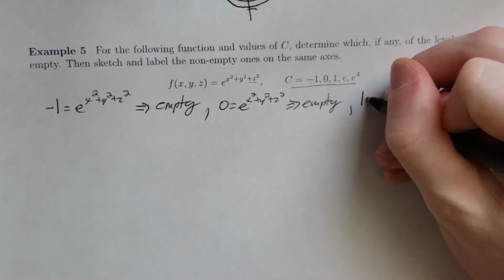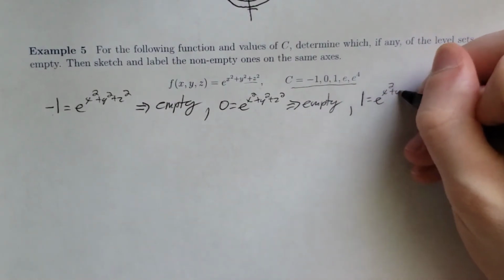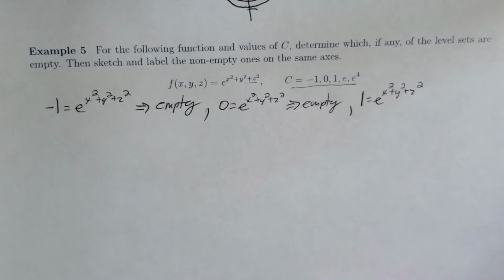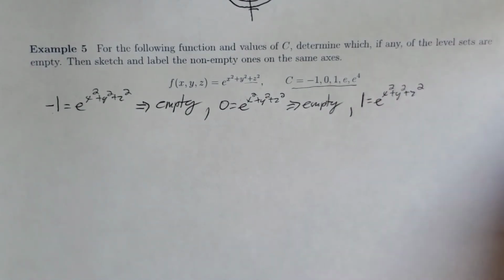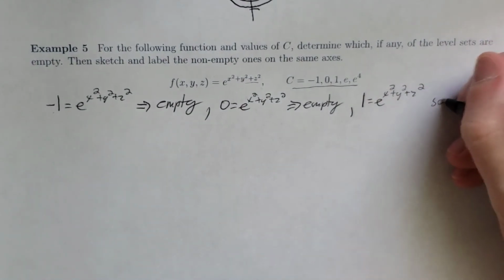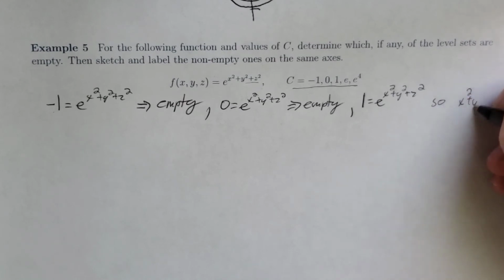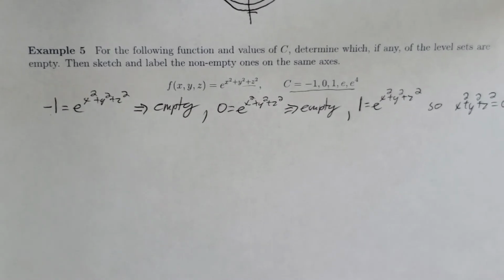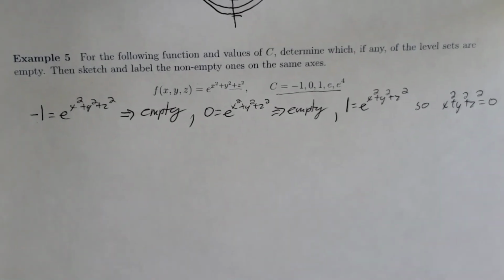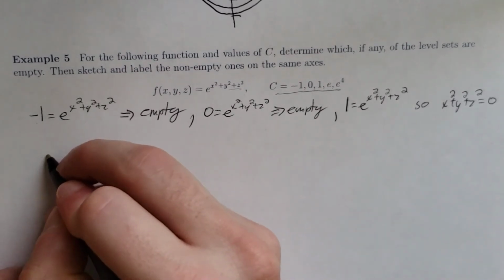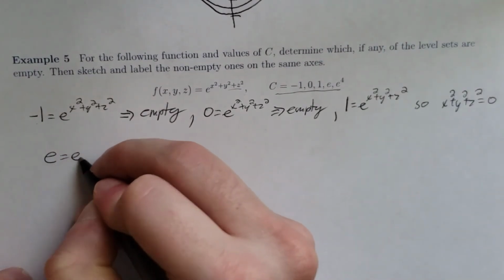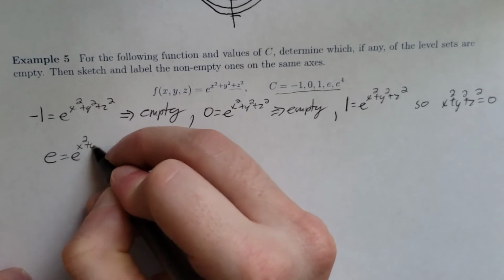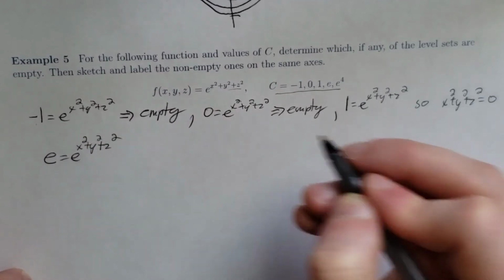All right, what about 1? Well, if e raised to something is 1, that something has to be 0, so x squared plus y squared plus z squared is equal to 0. All right, we have 2 more here. How about e is equal to e raised to the x squared plus y squared plus z squared?